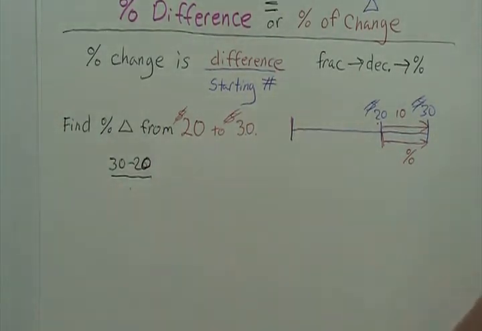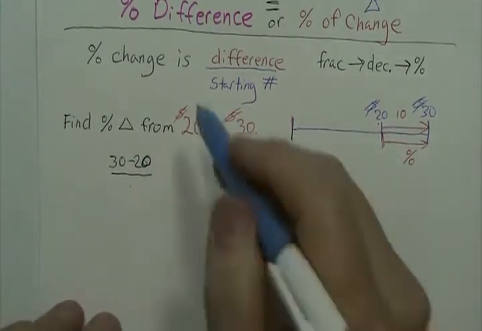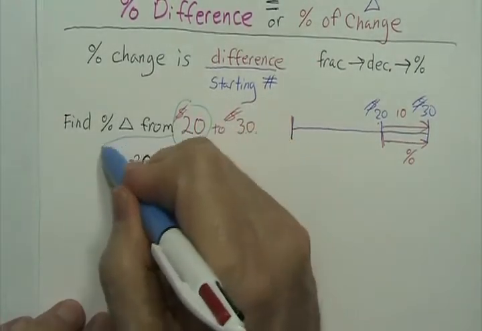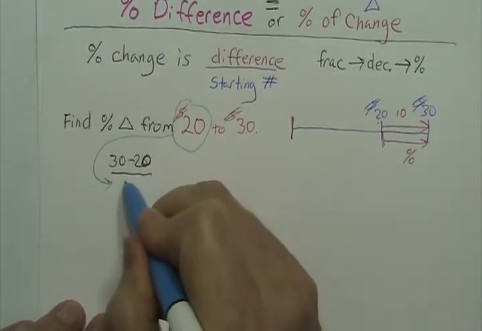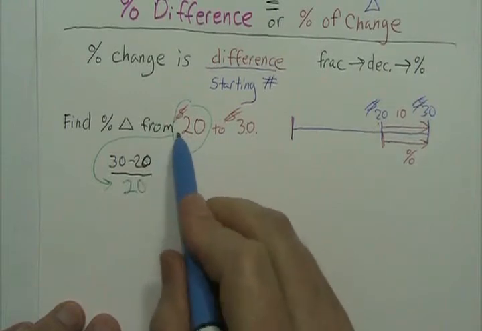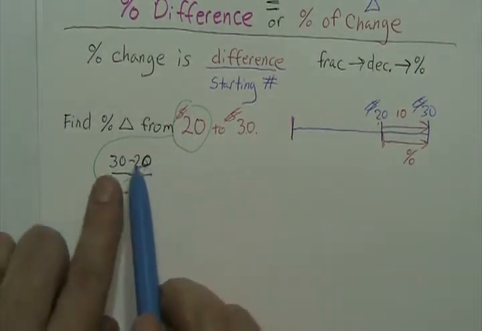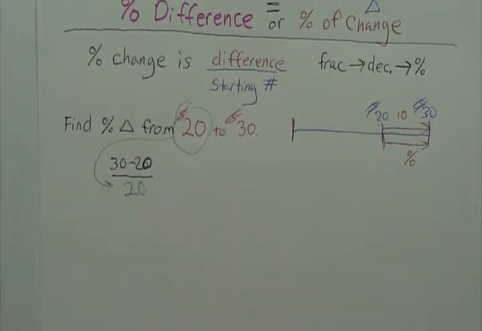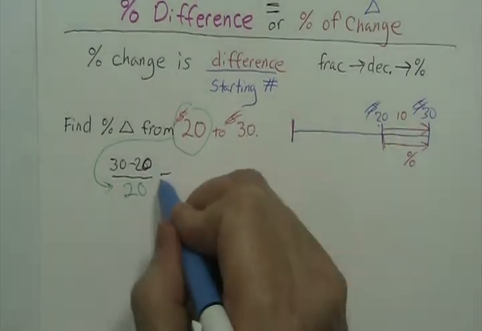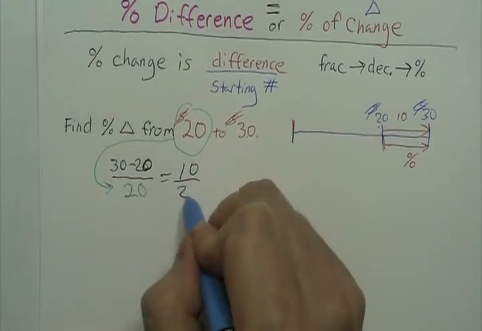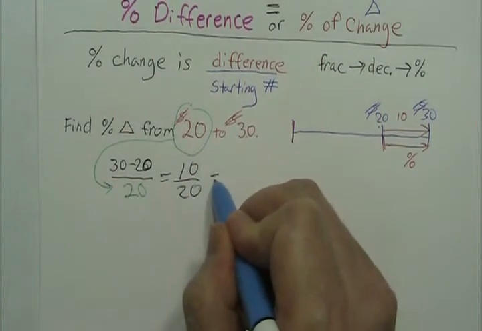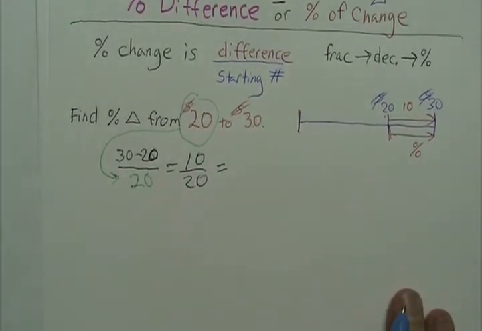And our starting number is 20. That's the number you start with. That goes at the bottom. Then you subtract these two, which I already did right over here, it was 10. So you have 10 over 20. That's basically it right there. You set it all up.